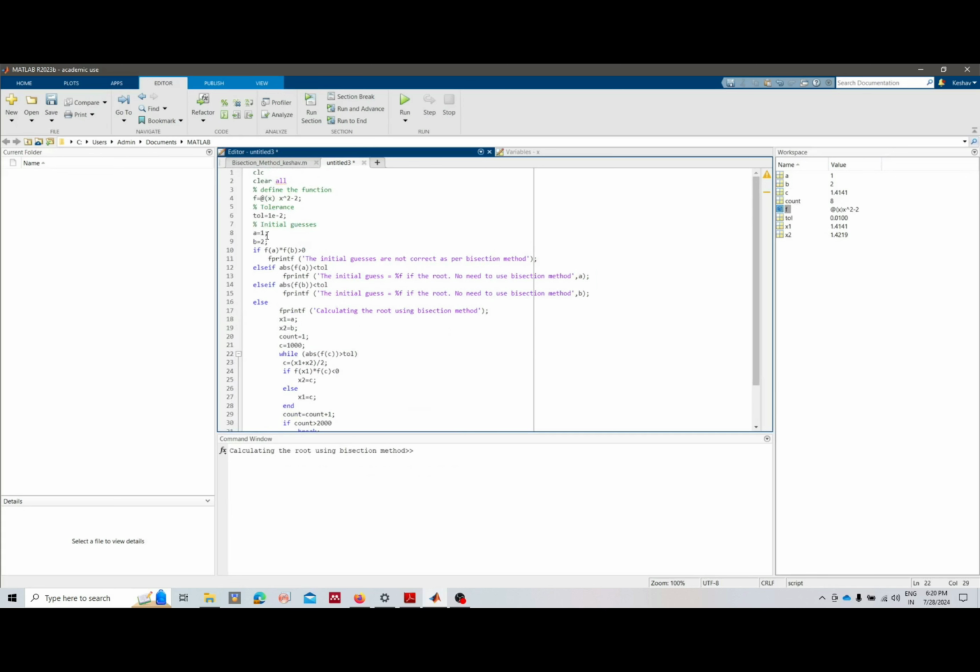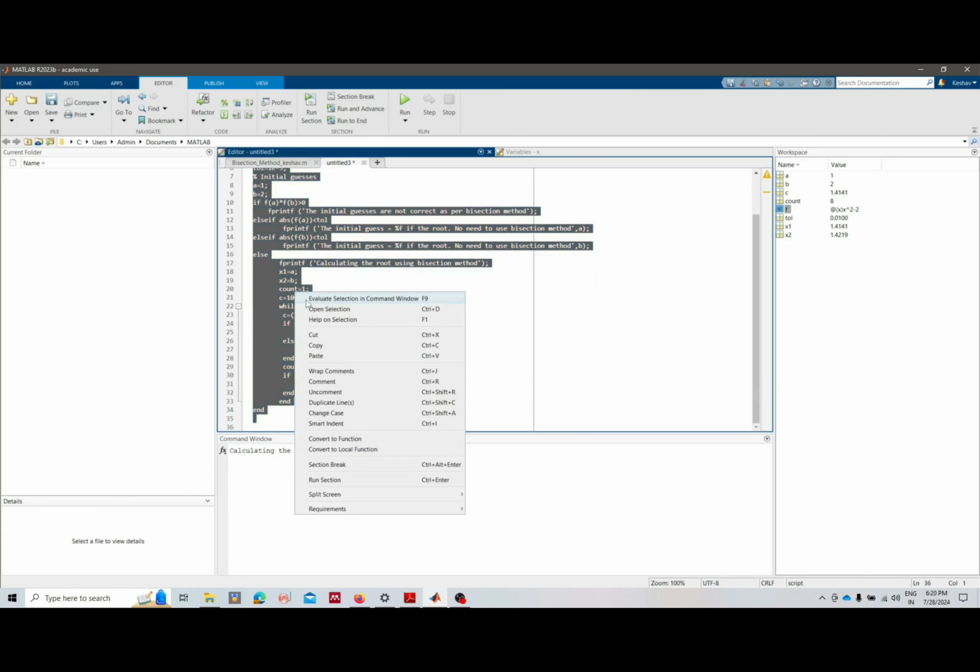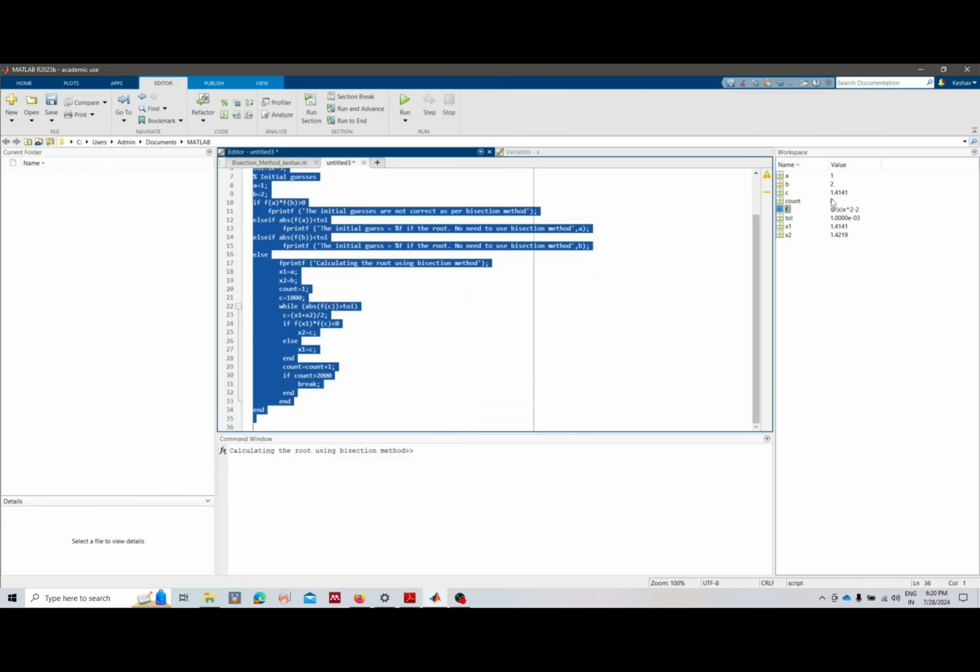Now suppose I decrease the tolerance. I want to go for finer resolution. Still it has converged after the 8th iteration.